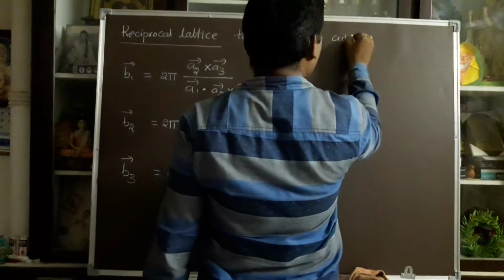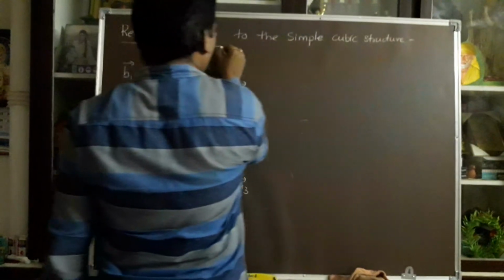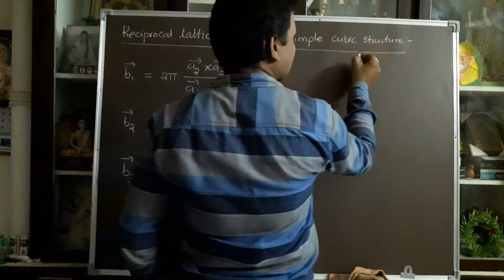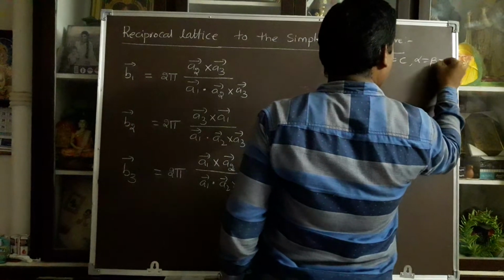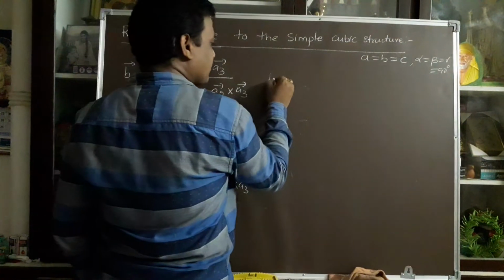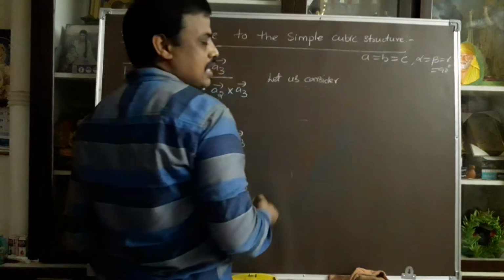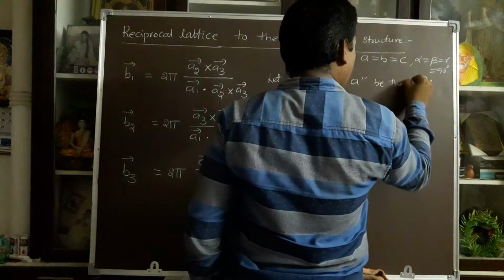In a simple cubic structure, each cubic structure satisfies the conditions A equals B equals C and alpha equals beta equals gamma equals 90 degrees. So first of all, let us consider small a to be the lattice constant.